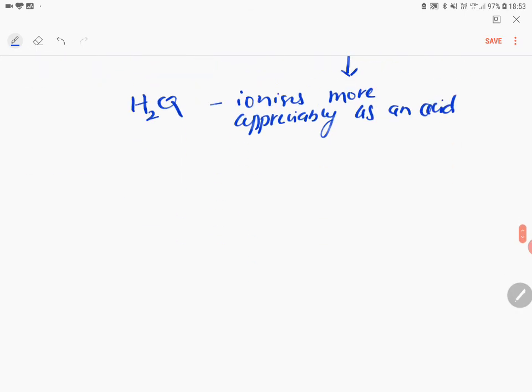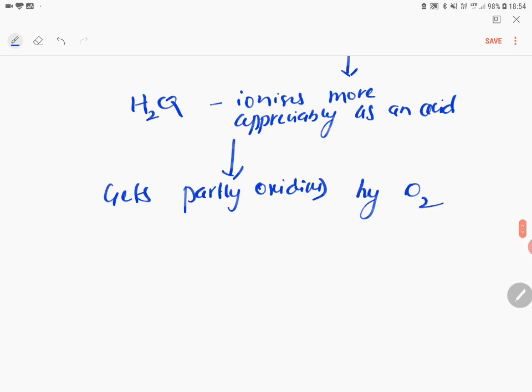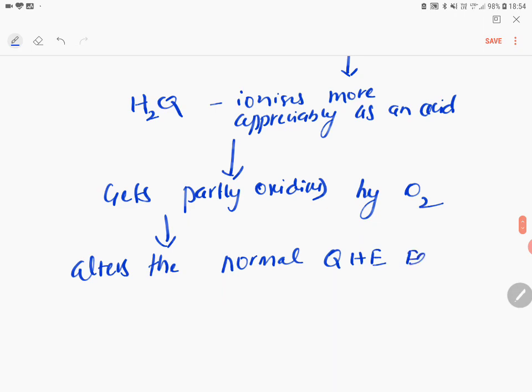Please understand that. And also it gets partly oxidized by atmospheric oxygen, which alters the normal quinhydrone electrode equilibrium.